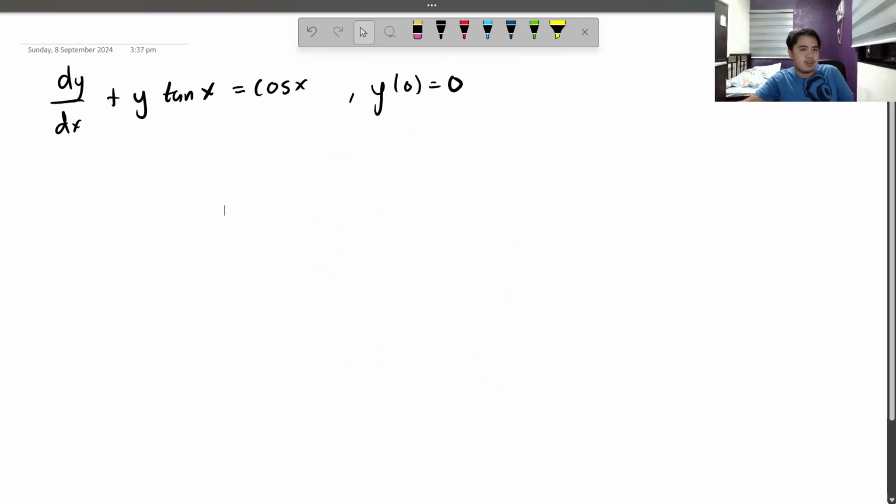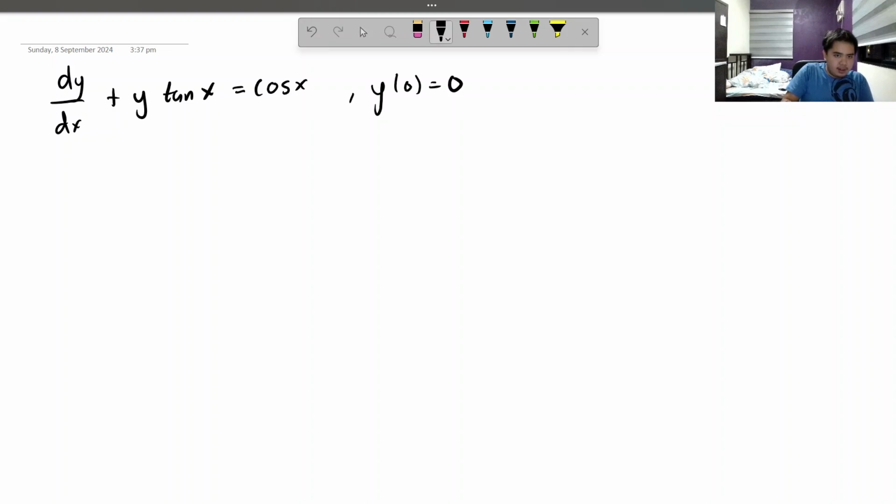All right. dy over dx plus y times tangent x equals cosine x. Now, is this linear? So there's dy by dx, there's y, there's a function of x, and then there's cosine x. I think this is a slam dunk. This is indeed a linear ODE.